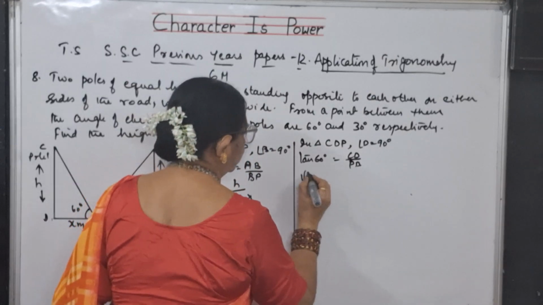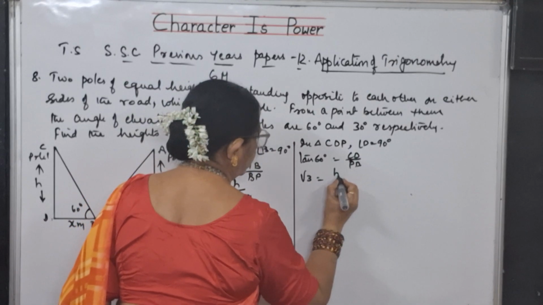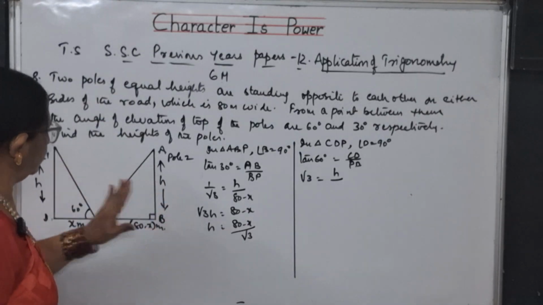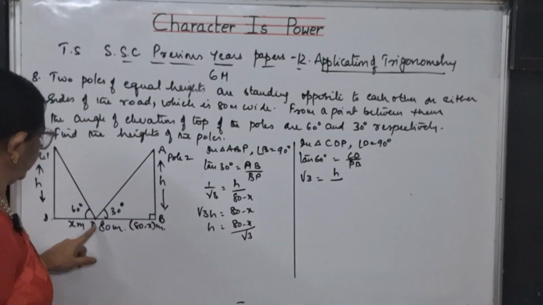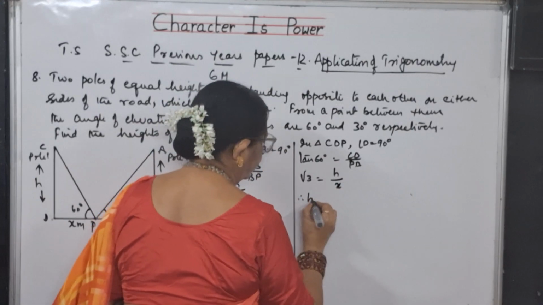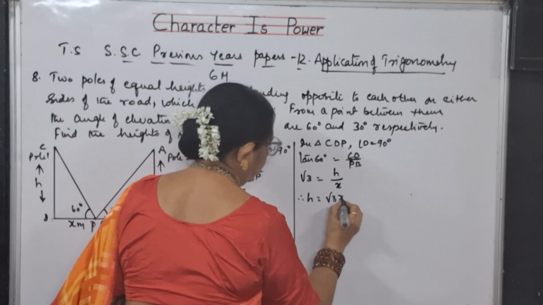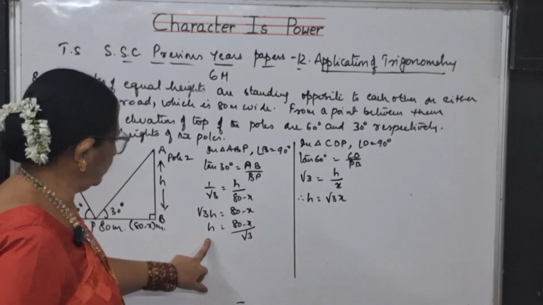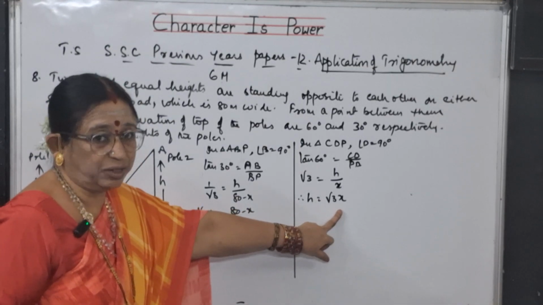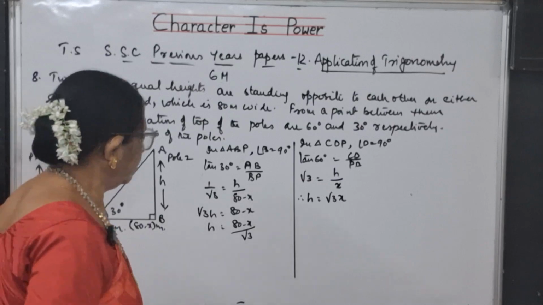So tan 60 is root 3 is equal to CD is H, because both of them are having same height. PD is X. Therefore what is H? Root 3x. Here H is 80 minus x by root 3. Here H is root 3x. So both of them are same.